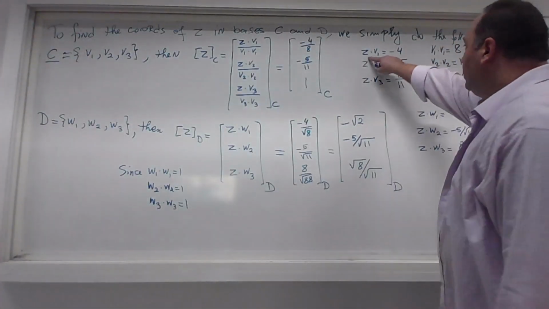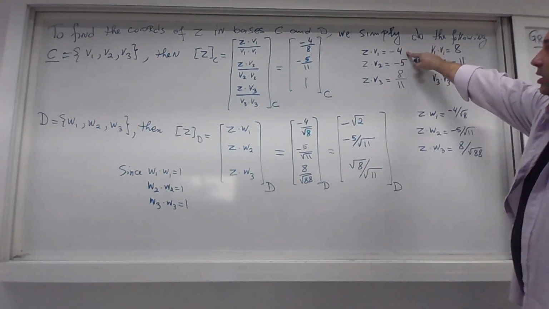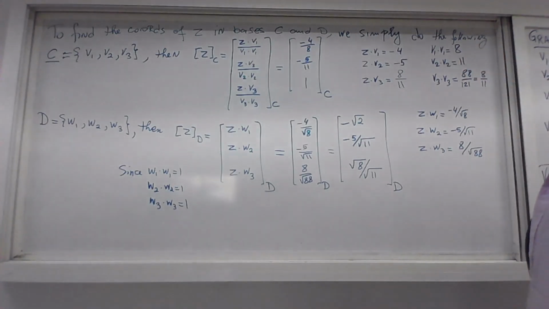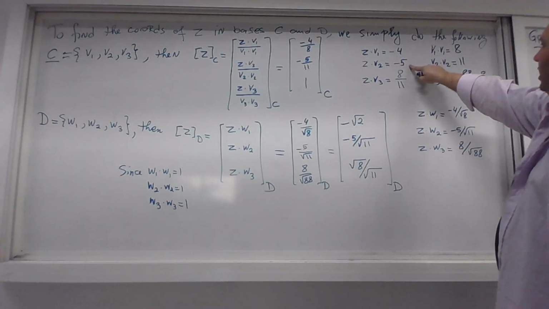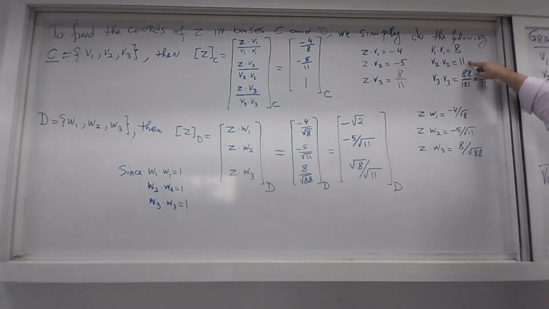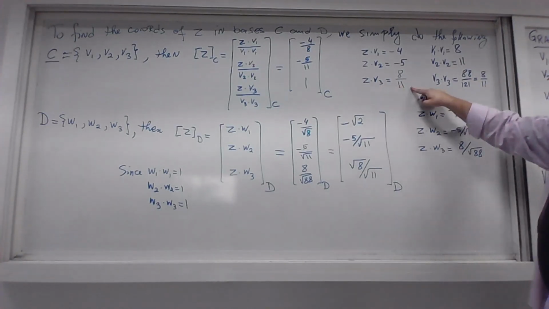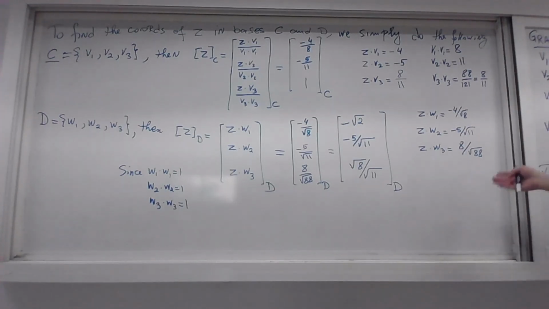So the dot product z·v1 is -4. The dot product v1·v1 we already computed, it was 8. z·v2 we compute, we get -5. v2·v2 is 11. And z·v3 you get 8 over 11, and v3·v3 we get 8 over 11. So now all we need to do is just plug the numbers in.